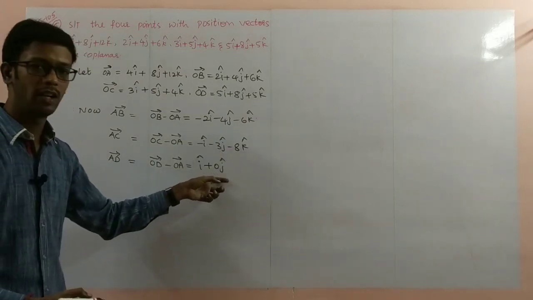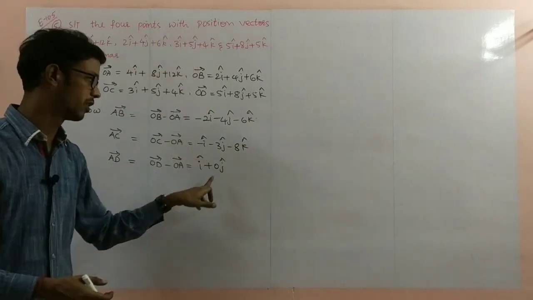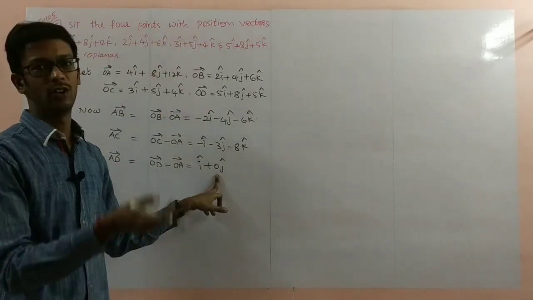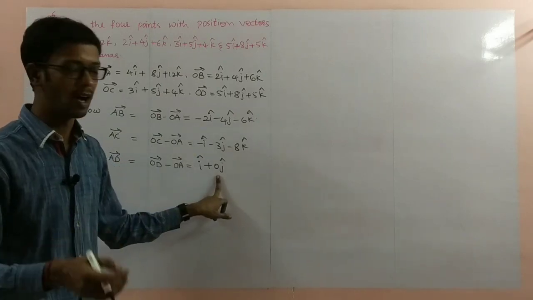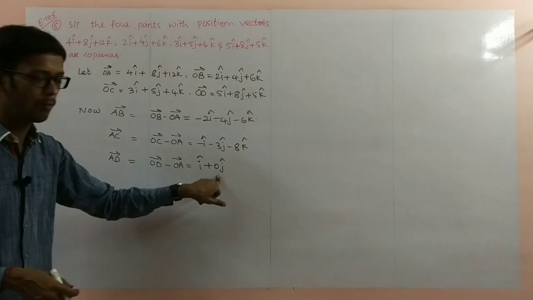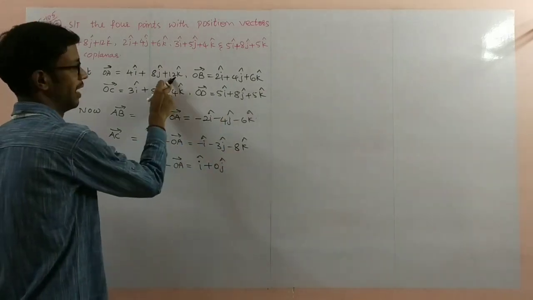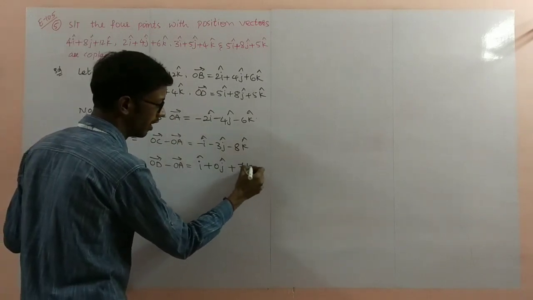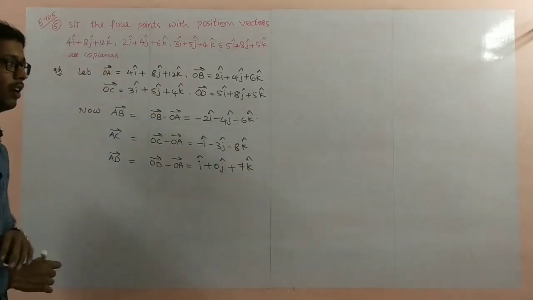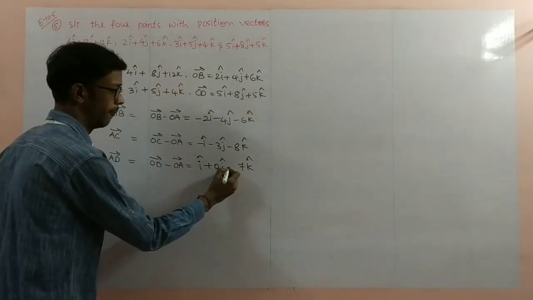Why I am writing means next, at determinant writing time some members will write the k value as a j value, so that time the answer you will get wrong. So write down the 0j cap as it is. 5k cap minus 12k cap, minus 7k cap.